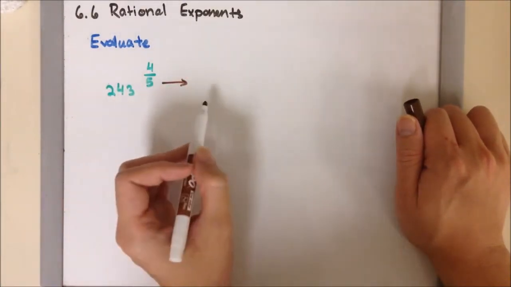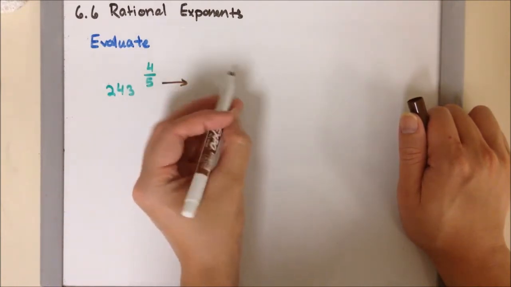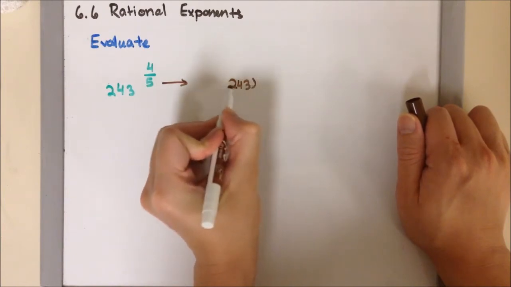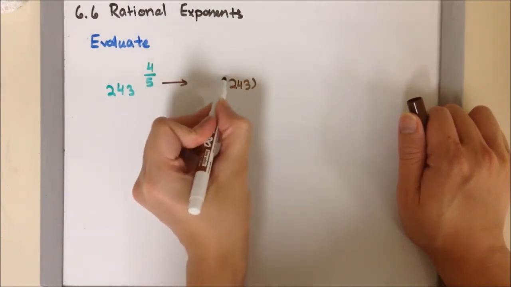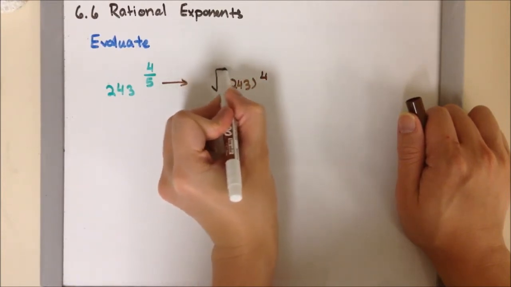Now, the first form that most of the time is being used is we have 243, my base, raised to the power of 4, and then doing the fifth root.